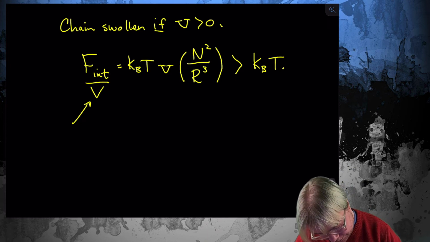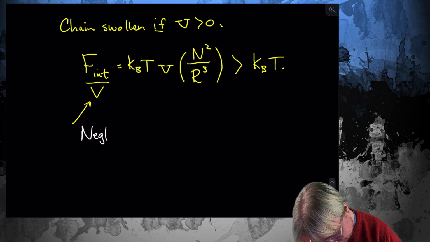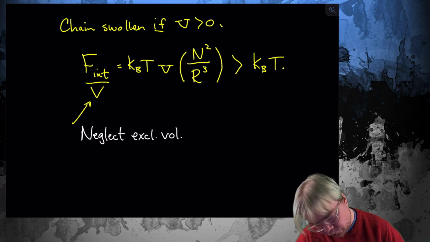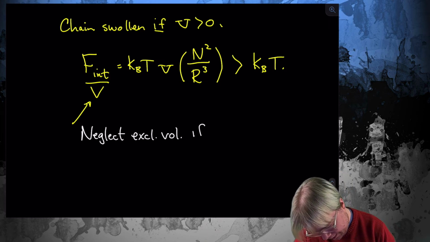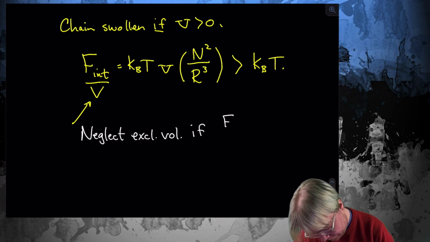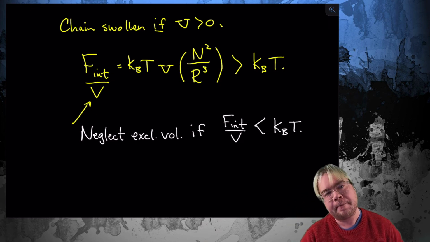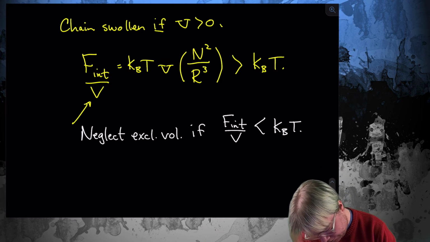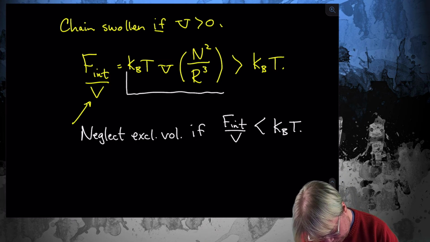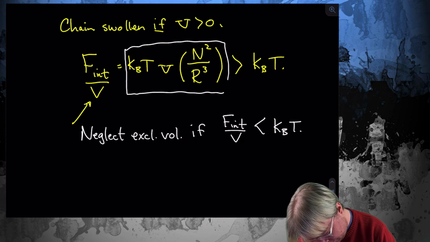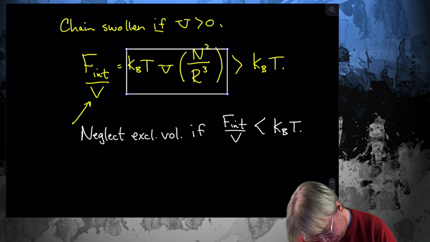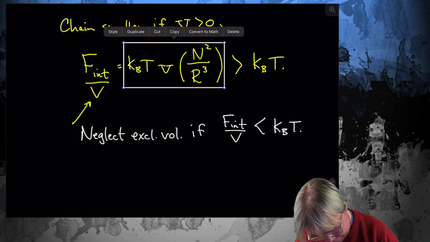So another way of saying this is you can neglect excluded volume if the free energy term due to interactions is less than kBT. Right? So if this term is less than kBT. Right?